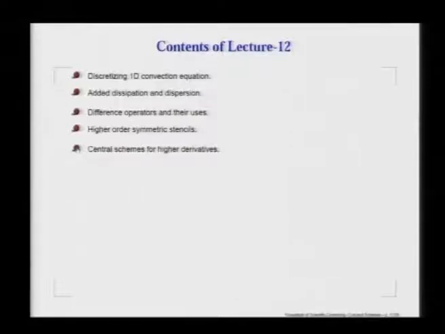In today's lecture we will show that upwinding is nothing but a blend of a central scheme using a higher order stencil along with higher order even derivatives. These two together constitute upwinding.